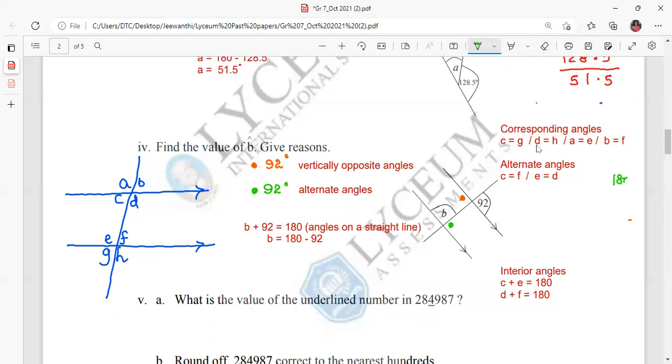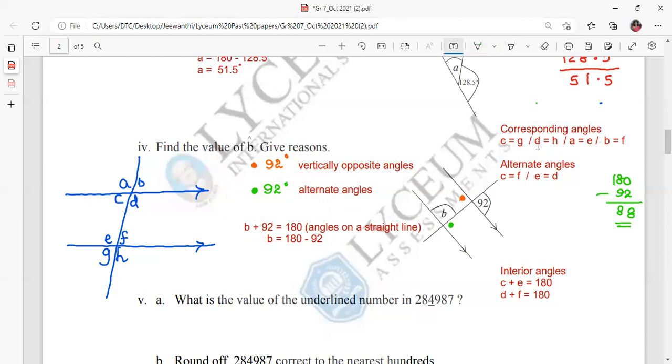180 minus 92. So then the answer will be 88. 8 plus 2, 10. 9 plus 9, 18.